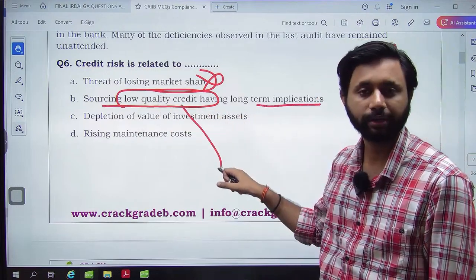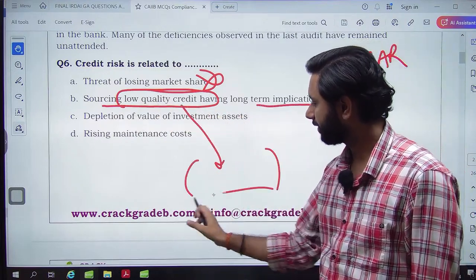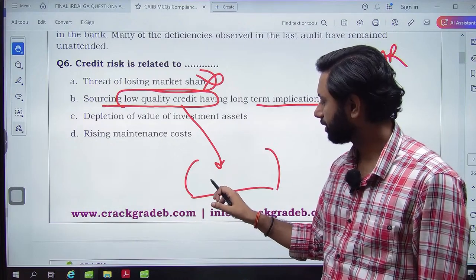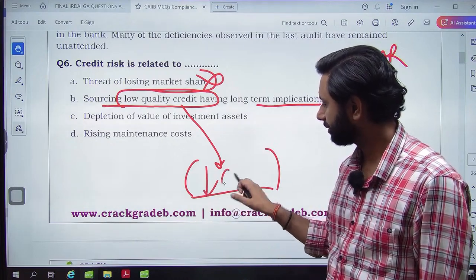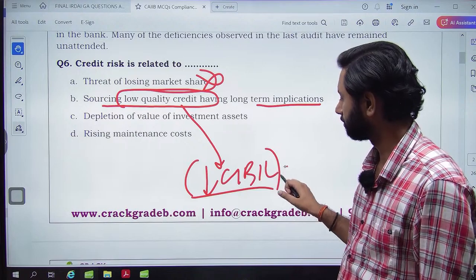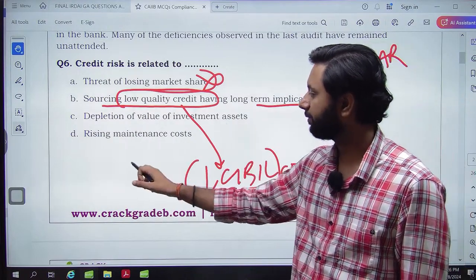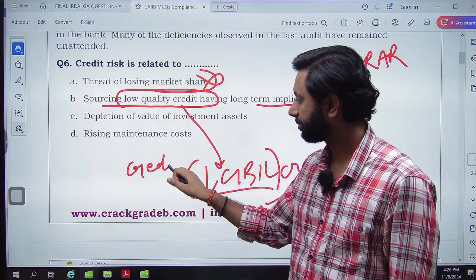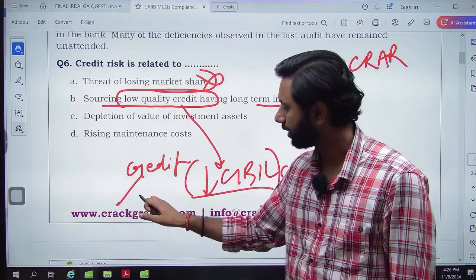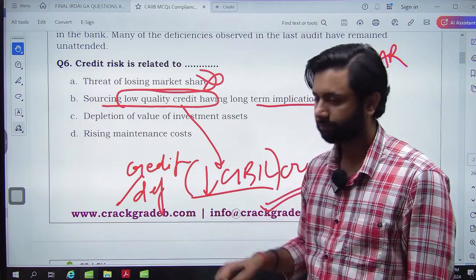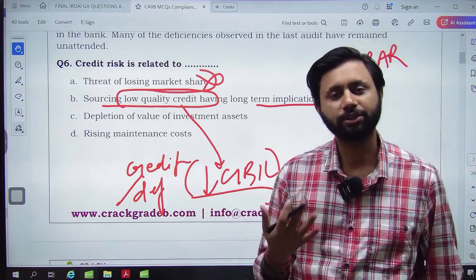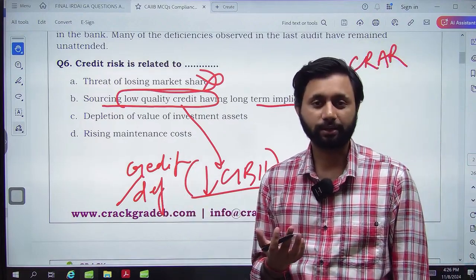Low quality credit means you are giving credit to a person who has a low CIBIL score or credit score, which definitely will pose you credit risk, because credit risk is also known as default risk, in which you have a chance of making that asset non-performing.